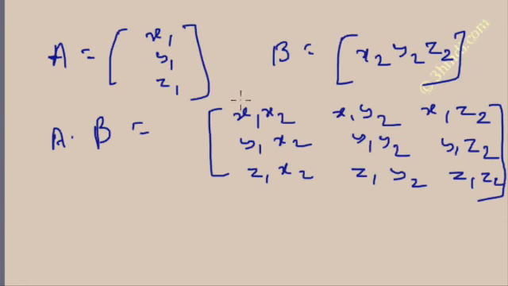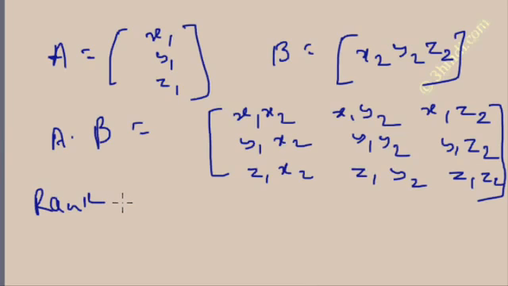If you take the determinant of this, you will find that y1y2 multiplying z1z2 minus the cross product will become 0. Similarly, for any two columns you multiply, you will get 0. So definitely rank is not 3.